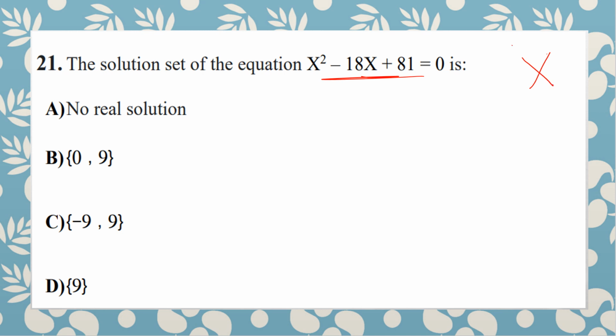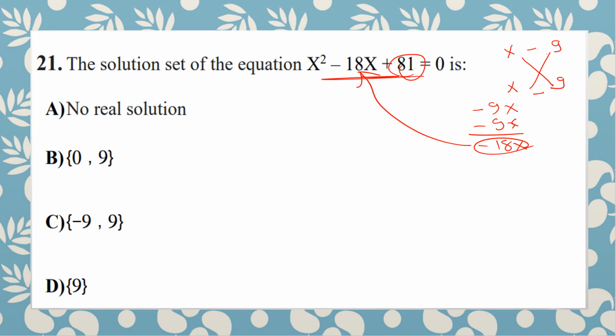So x and x, and for 81 means 9 times 9, and we can give both 9's a negative sign, as negative 9 times negative 9 equals plus 81, and negative 9x and negative 9x equals negative 18x, which is the middle term of the quadratic equation.